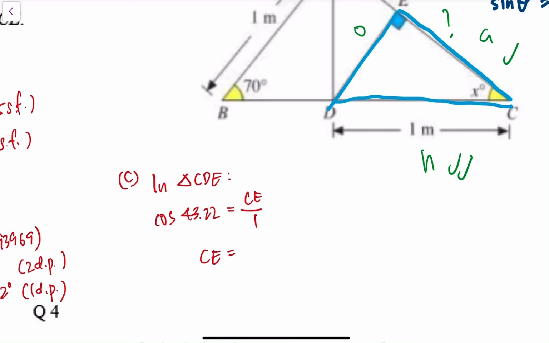So CE equals cosine 43.22, which is 0.72877, 5 SF. So my final answer is 0.729 meter, 3 SF.